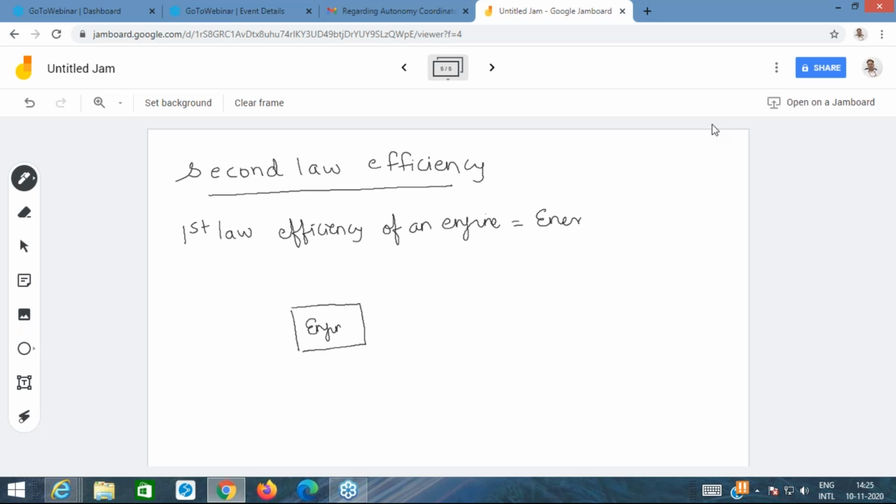Can somebody tell me? Mohan, what is the first law efficiency for a heat engine? Anybody?